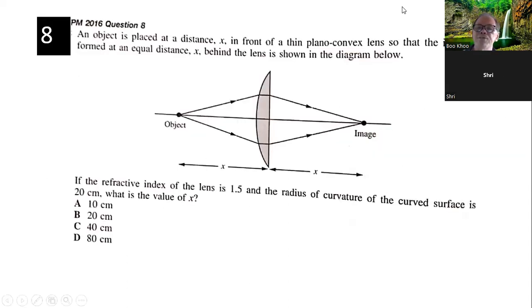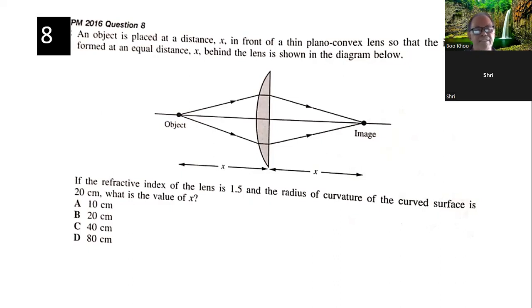Okay, try this question. An object at a distance x meters in front of a thin plano-convex lens forms an image at an equal distance x, as shown in the diagram below.